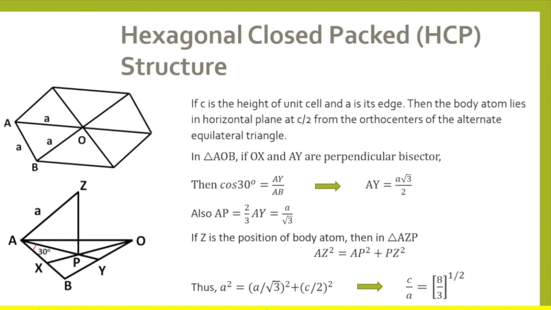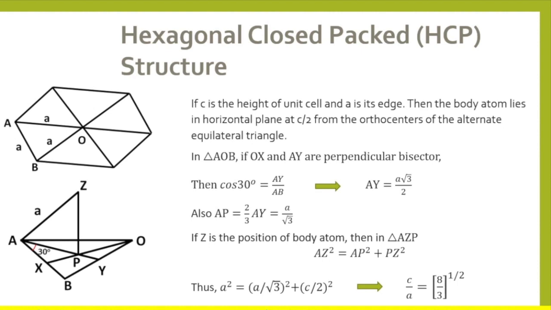So if c is the height of the unit cell and a is its edge, then body atoms will lie in a horizontal plane at the height of c by 2 from the orthocenters of the alternate equilateral triangles. So from the triangle AOB, we can see that all the 3 sides are equal, and so all the 3 angles will also be equal.